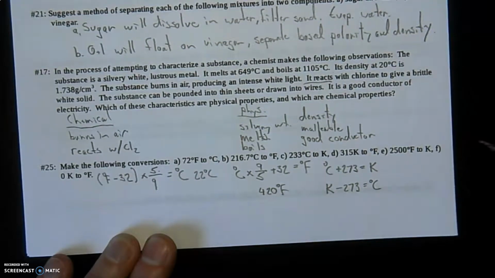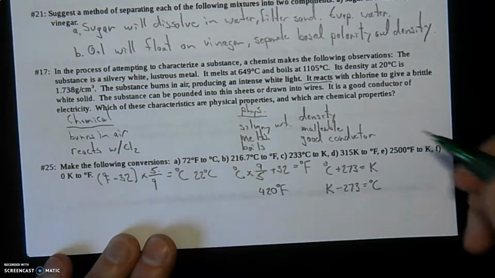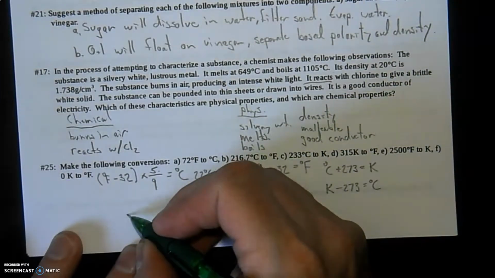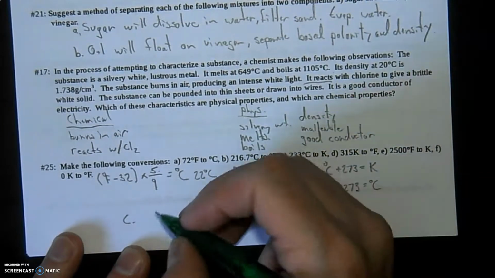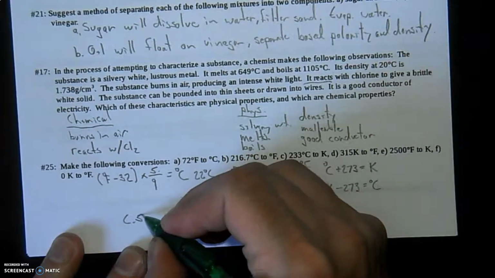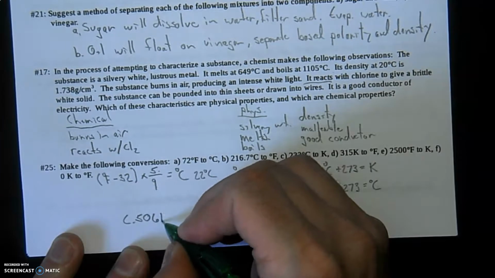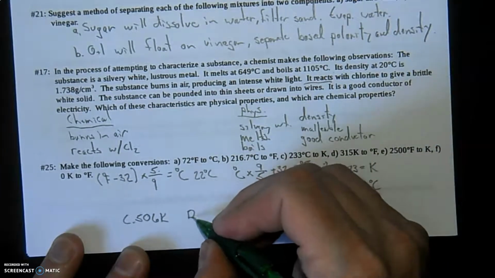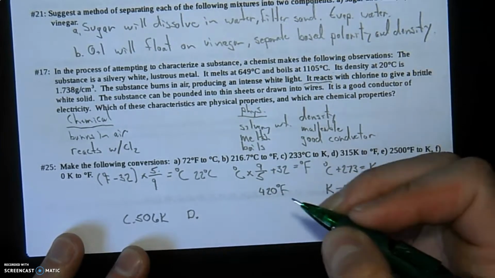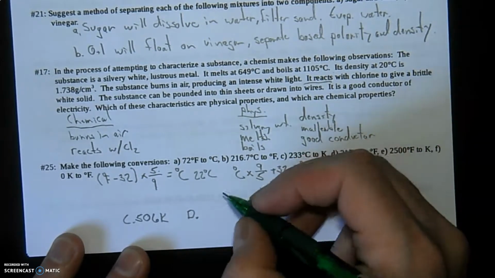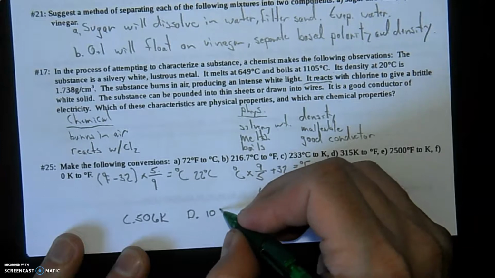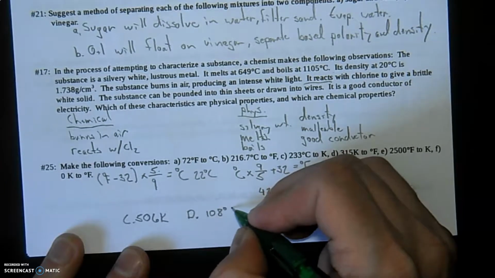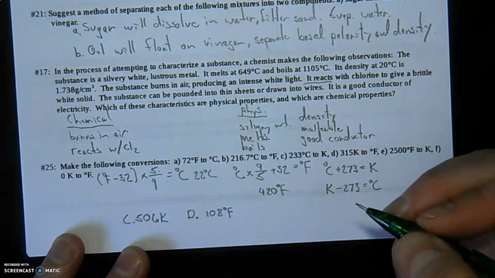And just to throw the last bit of answers out to you, for part C, your answer should be 506-ish Kelvin. For part D, and again, I'm just skipping through to the answers for these, the answer should be 108 degrees Fahrenheit.